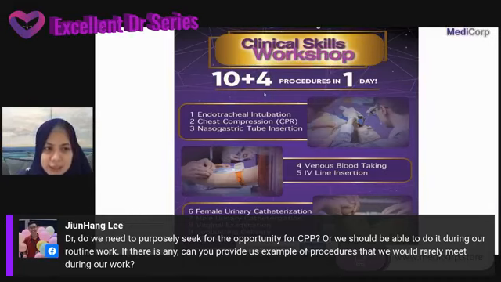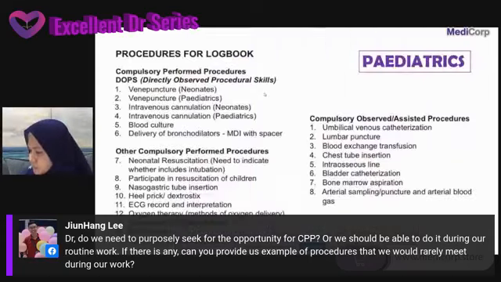Okay, basically, if you see all these compulsory perform procedures, you will encounter them every day in your ward. So there is a lot of opportunity and usually these compulsory perform procedures memang houseman punya job scope.